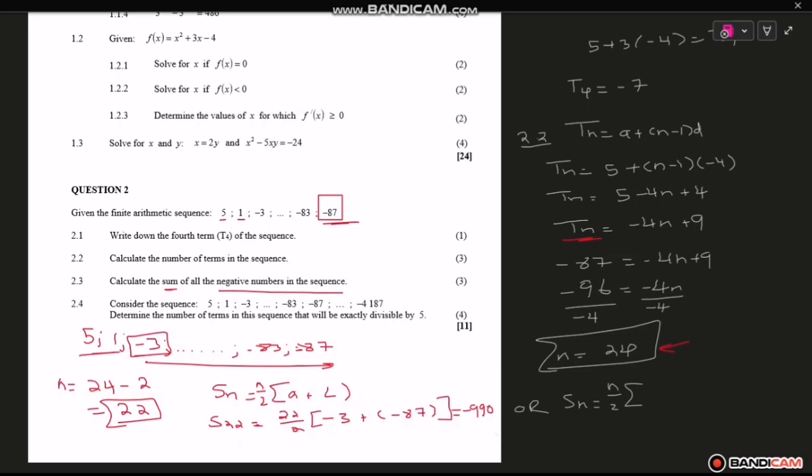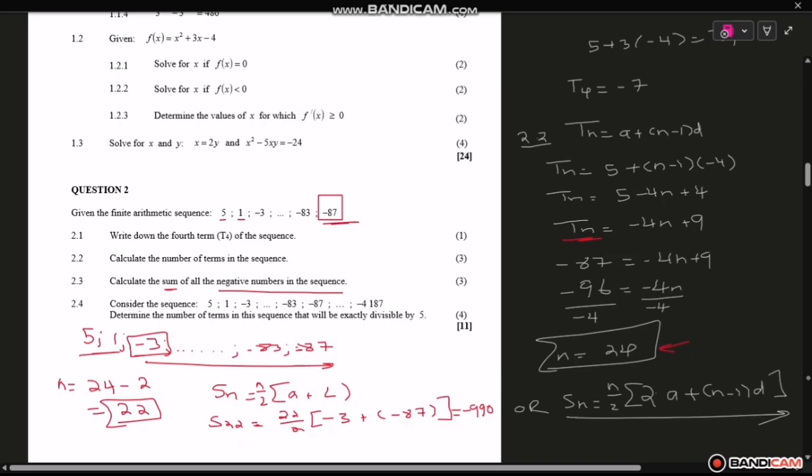I hope that makes sense. Then I use that formula, or you can use the second formula for calculating the sum of 22 terms: n over 2 times 2a plus n minus 1 d close bracket. You can use this formula, it will give you the same answer, negative 990. I hope it makes sense.